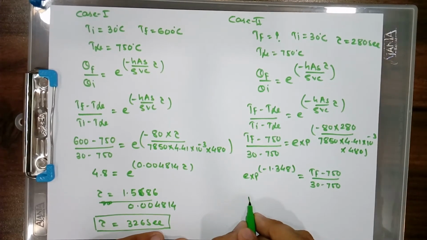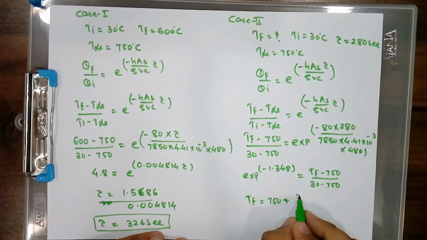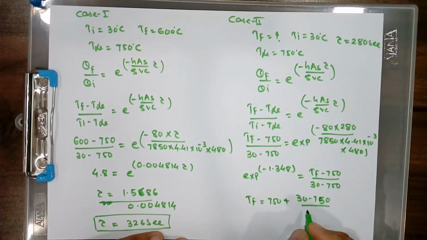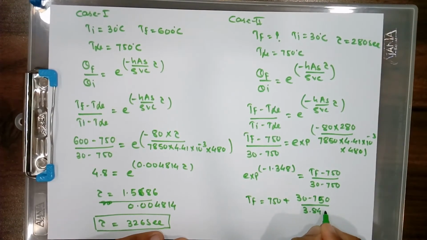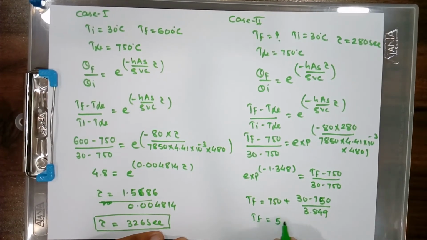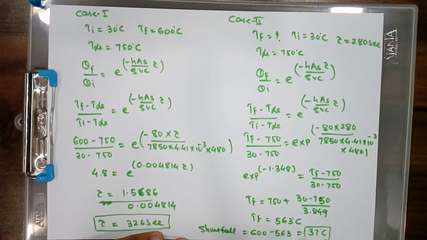So we get TF equals 750 plus (30 minus 750) divided by 3.849, and finally we get TF as 563 degrees centigrade. So the shortfall is 600 minus 563, and we have the answer of 37 degrees centigrade.